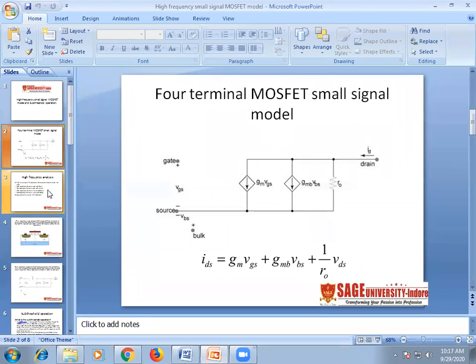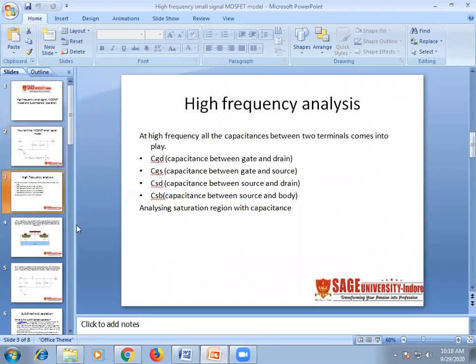the presence of capacitance. So we'll be using this small signal model only, but we will be including all the capacitances which are present at a higher frequency in this model. First of all, we'll have to see how many capacitances come into play at high frequency. So when I talk about the same device, basically we have four types of capacitance which come into play at higher frequency.